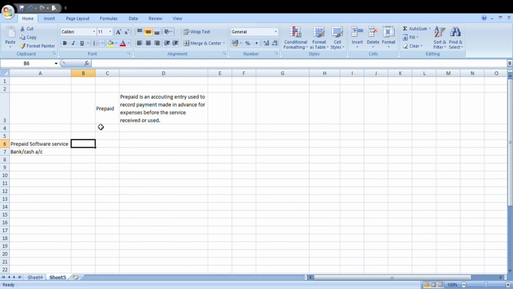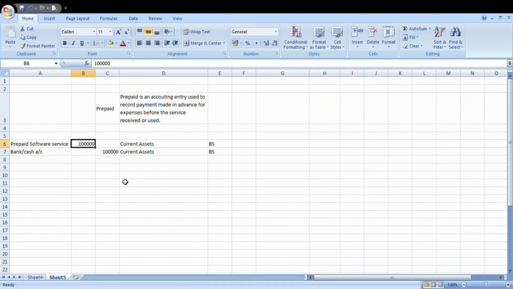Payment we made 1 lakh 20, and this is a current asset and bank is also a current asset. Both are balance sheet items only.